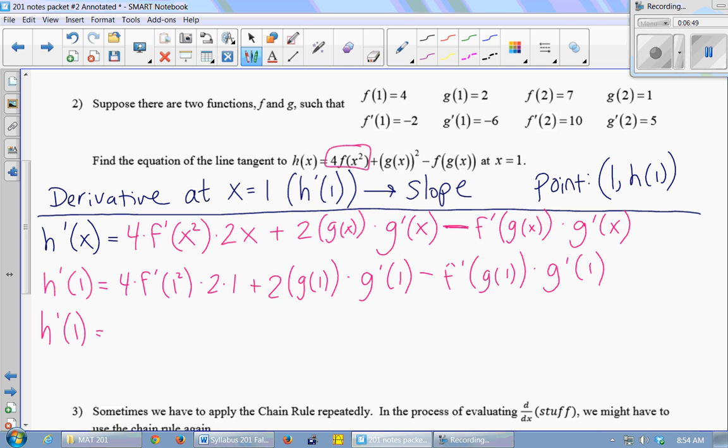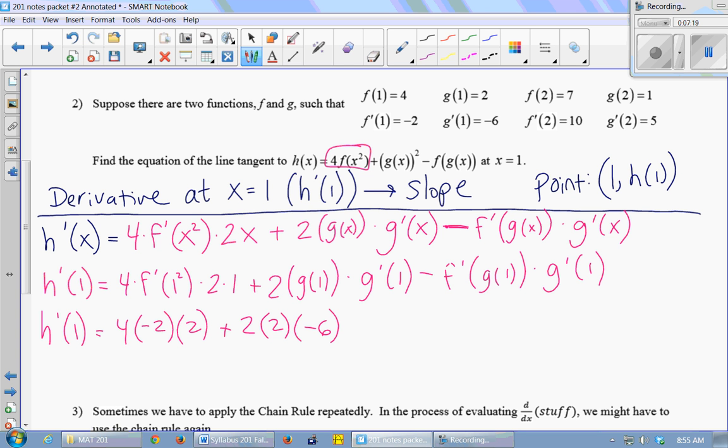Okay, so f prime of 1 they gave me. It's -2. So now I'm going up to this list of values that they told me. F prime of 1 is -2. So I've got 4 times -2 times 2 plus 2 times g of 1. What is g of 1? 2. And g prime of 1, -6.